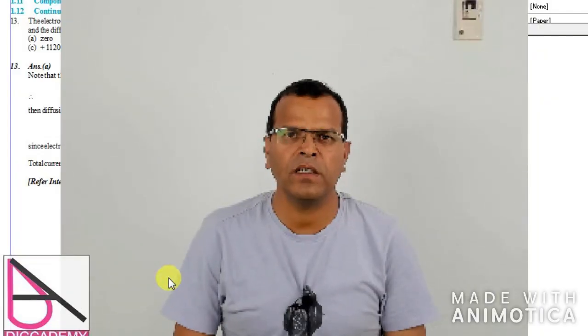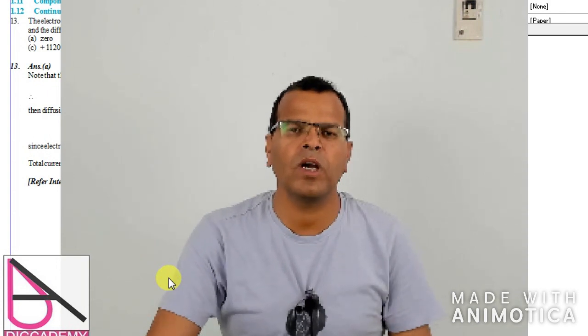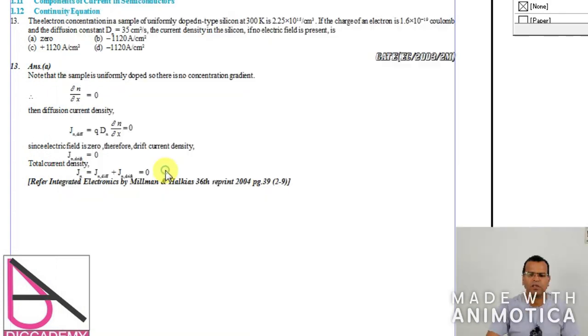Now let us see the questions on components of currents in semiconductors. The first question is: the electron concentration in a sample of uniformly doped n-type silicon at 300 K is 2.25 into 10 raised to power 15 per centimeter cube.